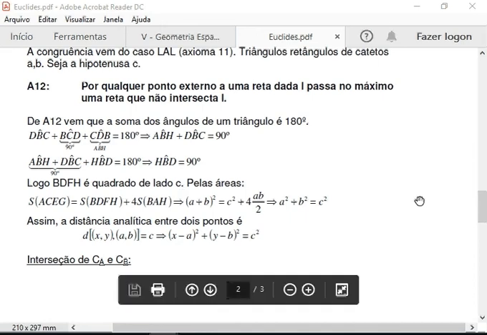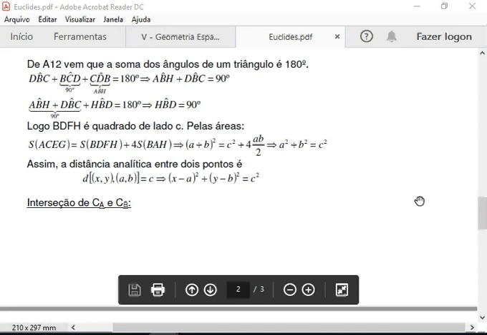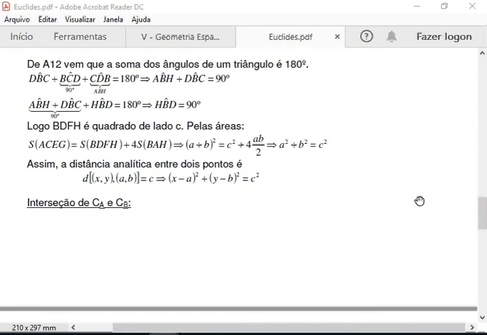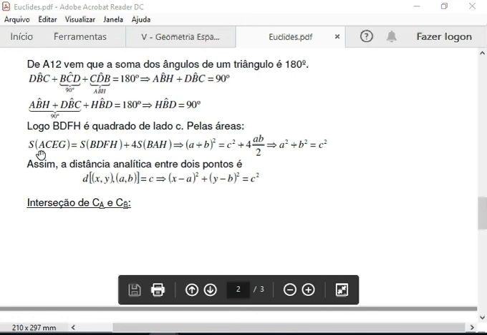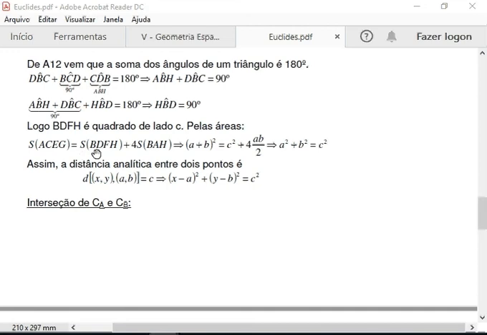By the areas, the surfaces are triangles. The surface of the square CAAG is equal to the surface of BDFH plus 4 surfaces of BAH. Here is a square of a plus b.